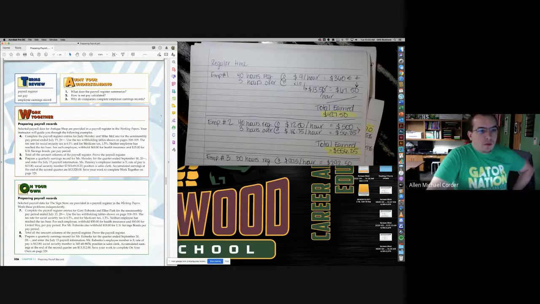The tax rate for Social Security is the same as before, 6.5%, and for Medicare it's also the same, 1.5%. Neither employee reached the tax base, so it doesn't matter at this point. Each employee withheld $60 for health insurance and $15 for a savings bond per pay period, so that's per check.